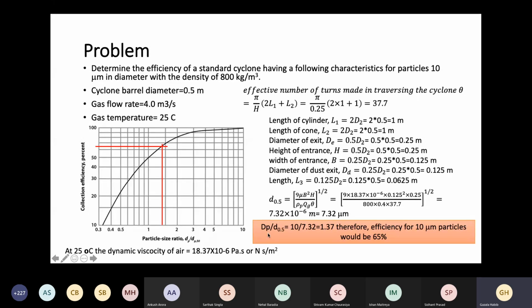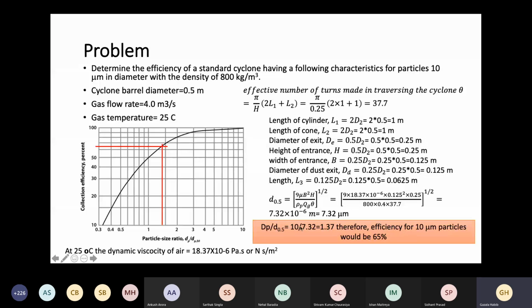And D50 can be calculated for the given particle diameter of 10 micrometer: 10 by 7.32, which is 1.37. Therefore, efficiency can be calculated from here. You can see the cyclone efficiency is not that great, but for larger particles, greater than 10 micrometer in diameter, say a 70 micrometer particle, the efficiency will be very high, right?